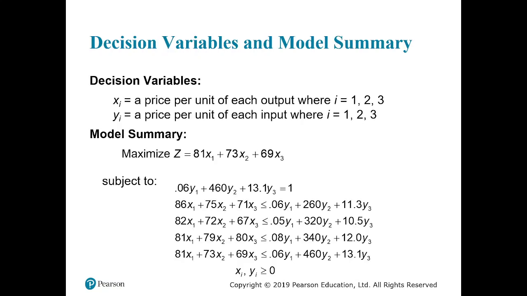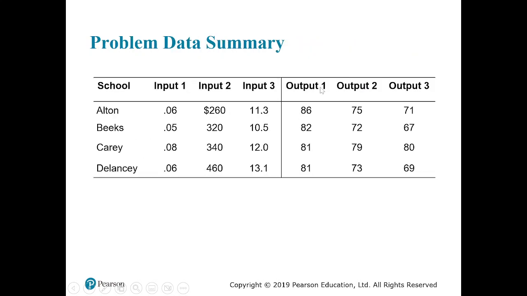Because we use Delancey, the objective function is maximizing the value of Delancey's output. So these are the test scores of students from Delancey school: 81, 73 and 69, which are the scores for math, history and reading from Delancey: 81, 73 and 69.